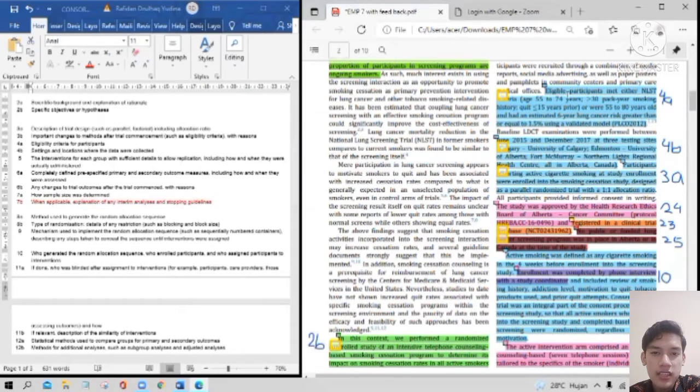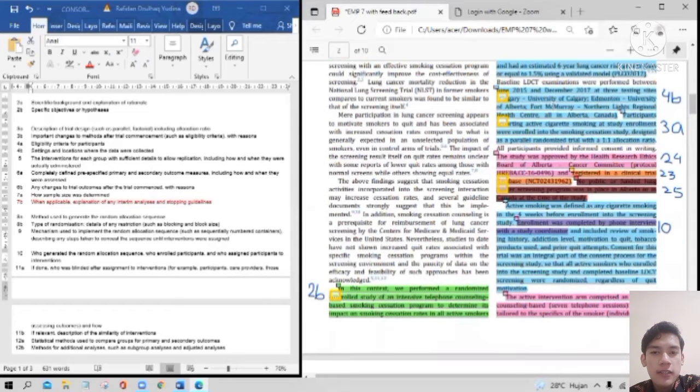You can see in the paragraph the criteria for the participants about their age. And next one, 4B, settings and location where the data were collected. The data were collected in regional health centers, all in Alberta. It is all written in the sentence, so it's easy.